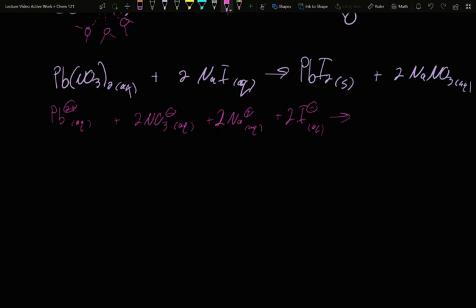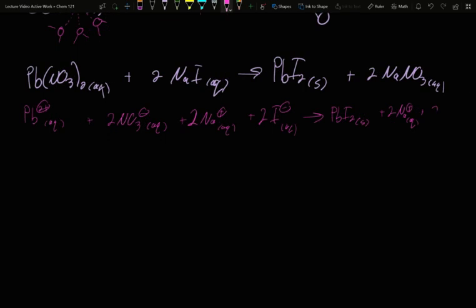By being aqueous, they are free, independently floating ions. Our products then, well, the solid is solid. It actually is associated. So it is PbI2 solid. But my other products are still 2 Na+ aqueous and 2 NO3- aqueous.